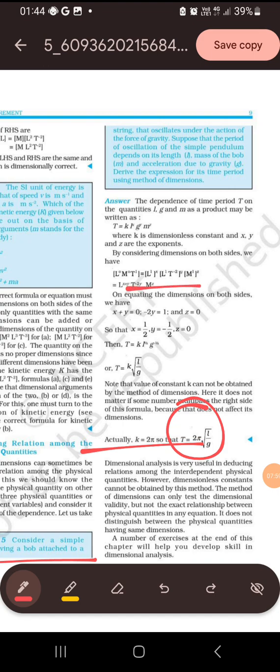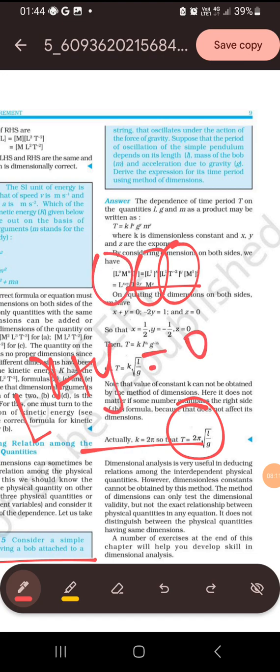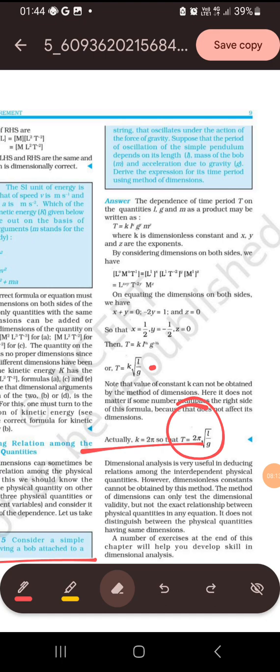Where is L present? L is present at x and at y. So L: x plus y is equal to 0, because L has a 0 value here. This is the important sum. And for t we have minus 2y. What is the value of t here? Power 1. And here as M z. What is the value of M? 0. So you can write z is equal to 0.